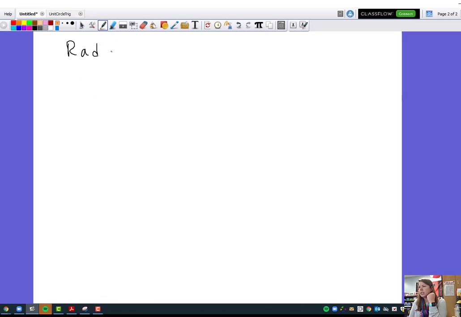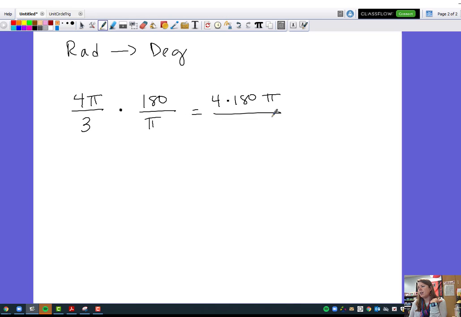Radians to degrees. If I have 4 pi over 3, just like we saw on the last screen, I'm going to multiply by 180 over pi. Multiplying straight across, I end up with 4 times 180 times pi over 3 times pi.